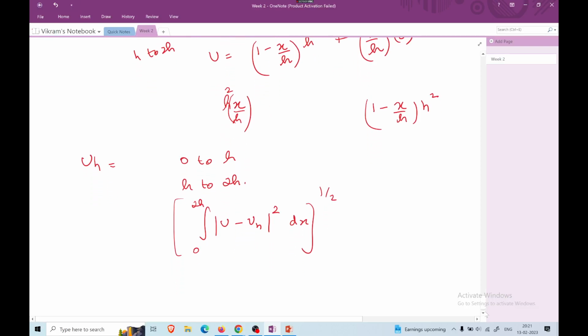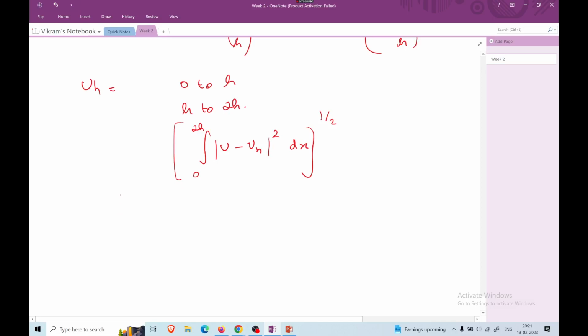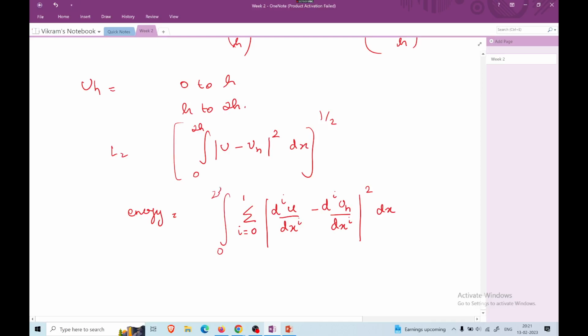And energy norm is summation i equal to 0 to 1 of d power i u by dx power i minus d power i uh by dx power i, the whole square dx, integral 0 to 2h, to the half.